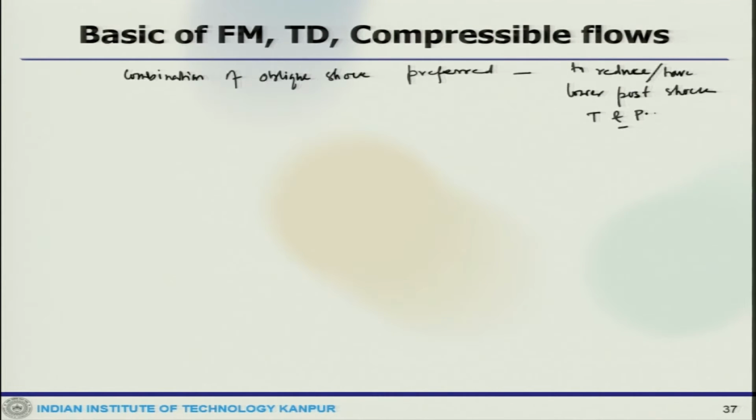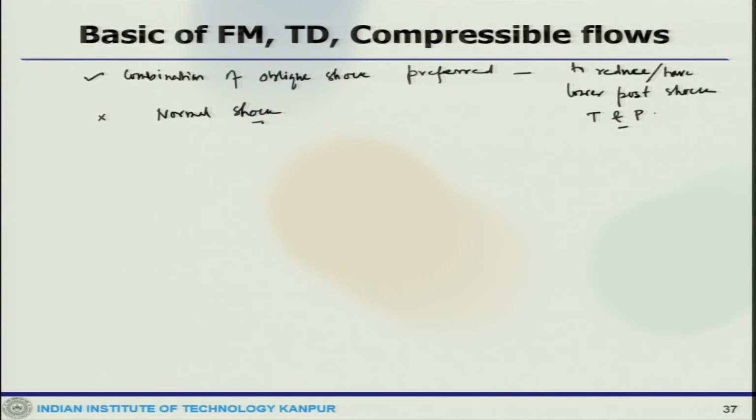So, these are important. This combination is more preferred compared to the normal shock, and the reason is that across a normal shock the flow will always become subsonic.